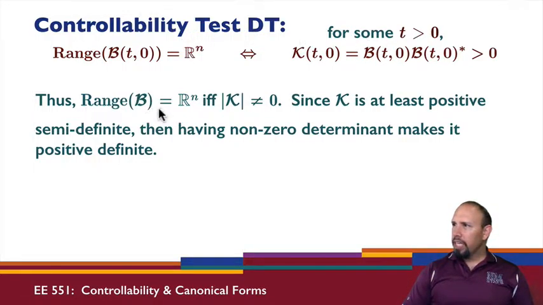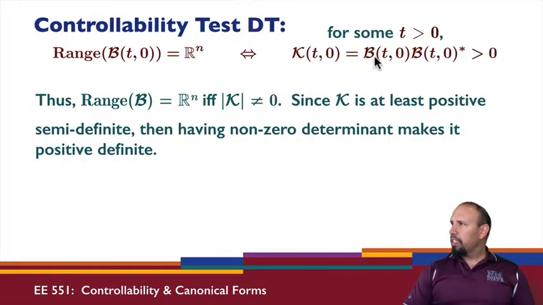So the range of B is equal to all of Rn if and only if K is non-singular. Okay, in other words, the only way this can be all of Rn is if the range of this is all of Rn, in which case this is a non-singular matrix.